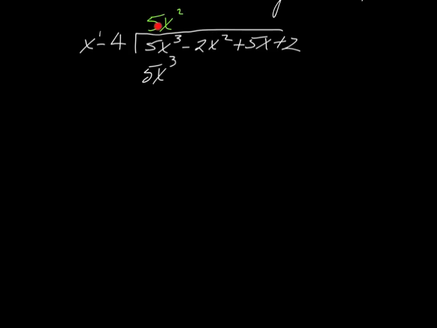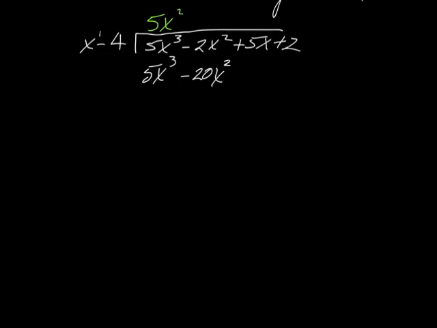Then we multiply 5x squared times negative 4, which is negative 20x squared. It will always give you the same exponent. This has an x squared, so this must have an x squared, or you did something wrong.